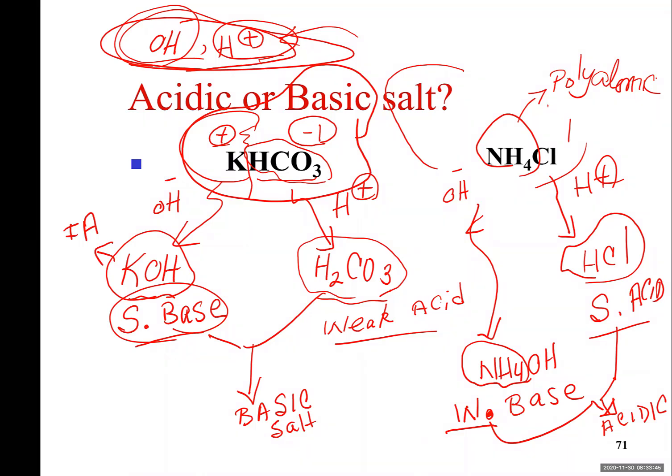NH4 remains NH4. It's never NH5. It never becomes NH3. So when you look at the table of polyatomic ions, make sure they keep their structure like a family. They stick together.